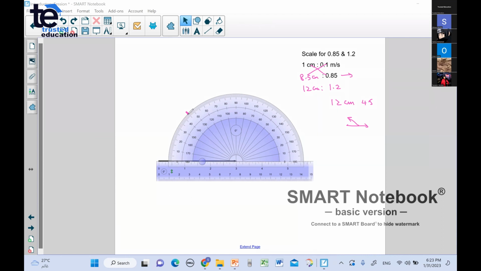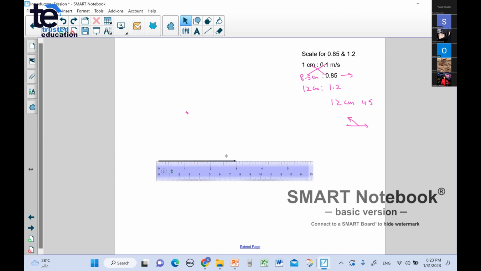It's an acute angle, so you measure using the small angle here. It is 45 degrees. I got now the direction. So I will take this out. I will start drawing 12 centimeters in this direction. So my arrow here.